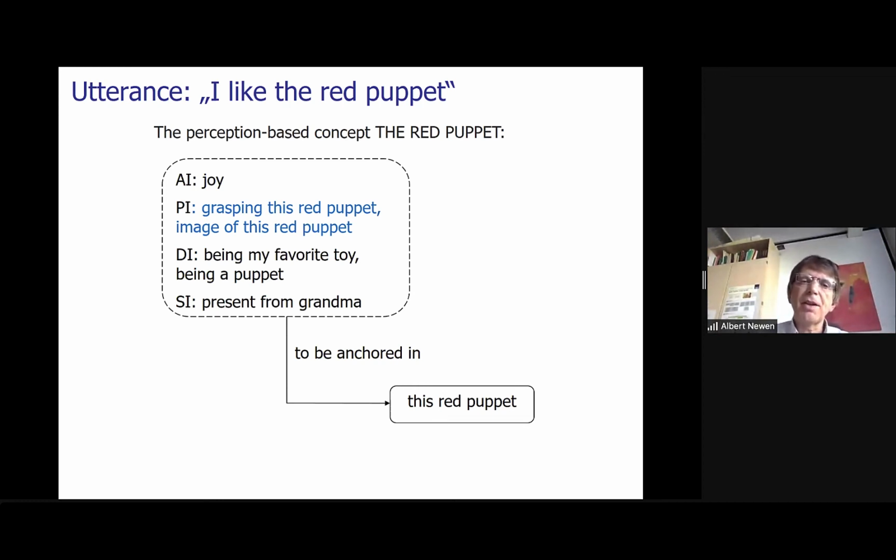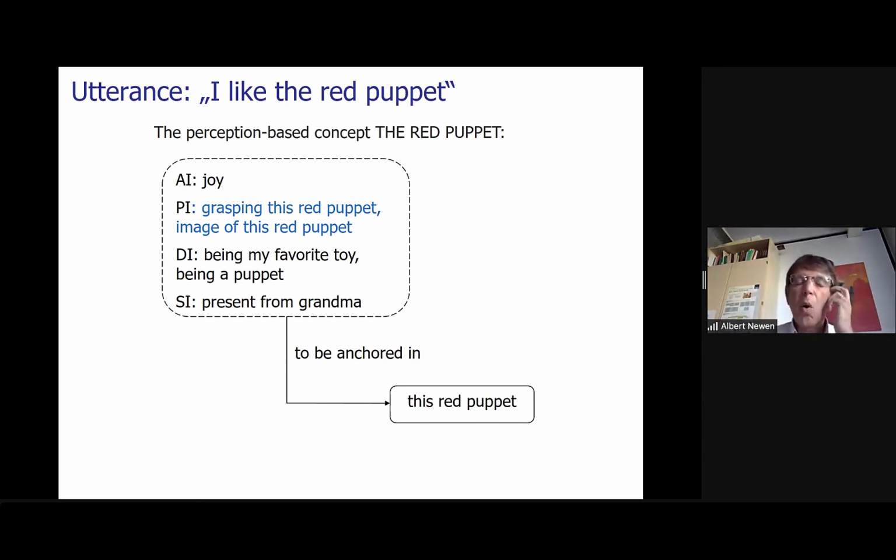Maybe there is the affective information of joy, and the 3-year-old has also the perceptual information of grasping this puppet, of smelling the puppet, also, of course, a perceptual image of the red puppet. It has the descriptive information, being my favorite toy, and being a puppet, and the social information, a present from grandma. So the 3-year-old has all this information integrated and unified and anchored in her favorite toy, this red puppet.